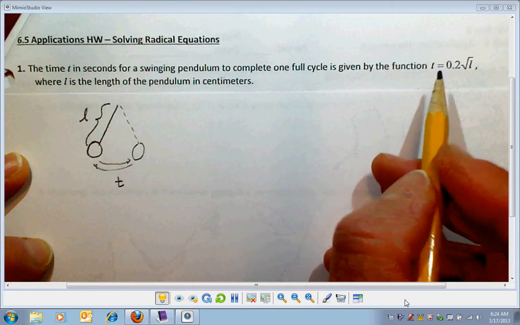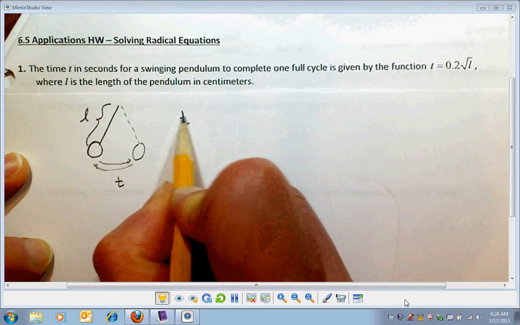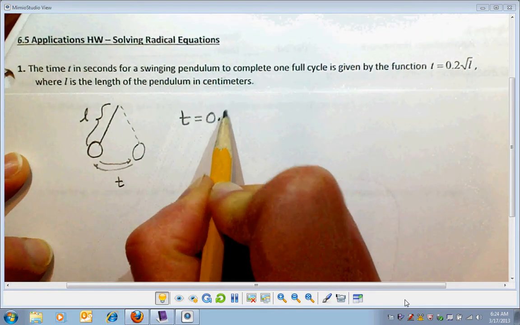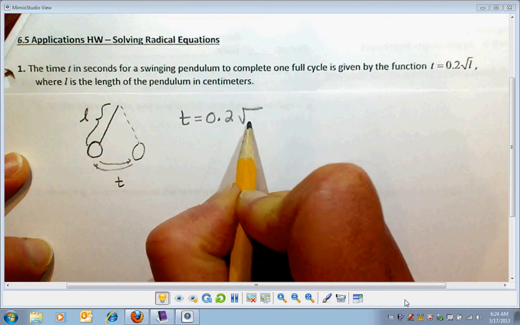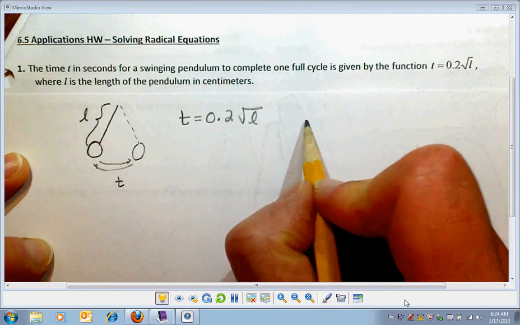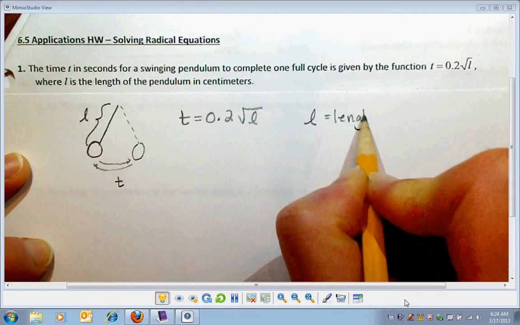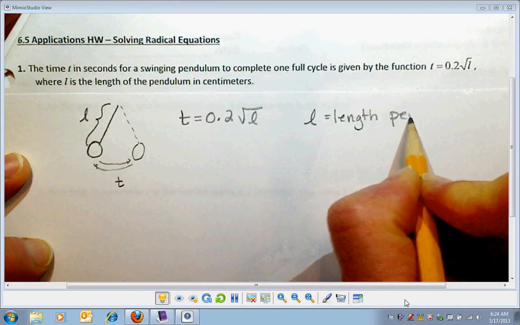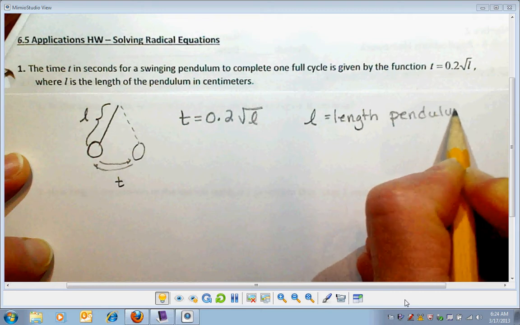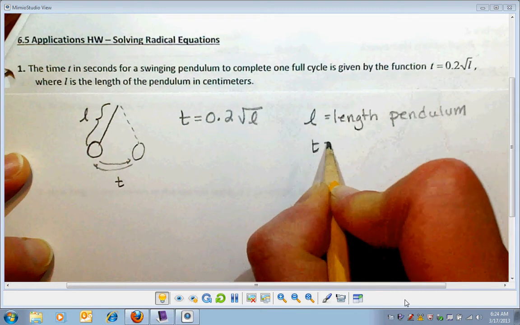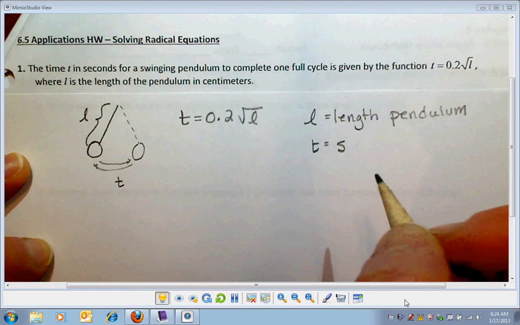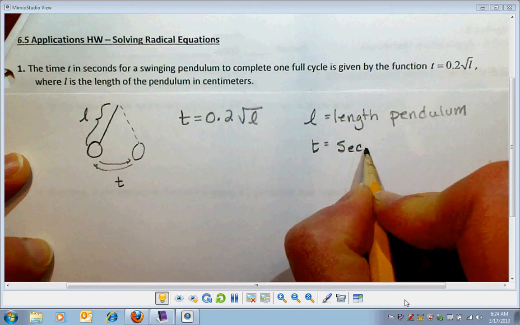So they give us our equation: T is equal to 0.2 square root of L, where L is the length of the pendulum and T is in seconds, and that's one full cycle.